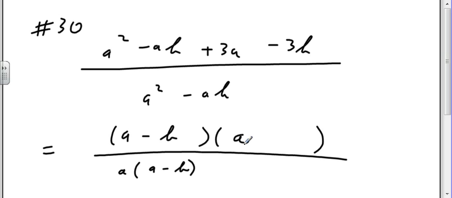How am I going to get a... So any bright ideas out there? A minus B. A minus 3?